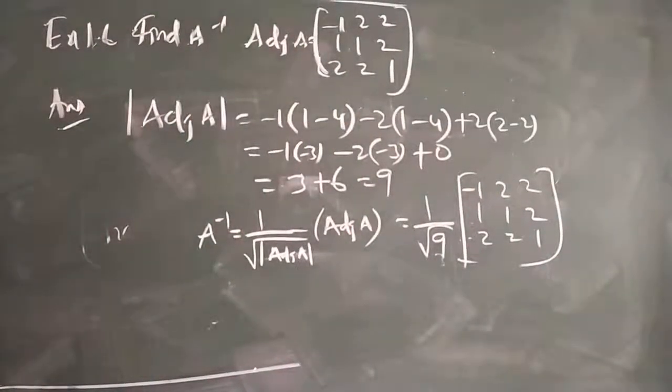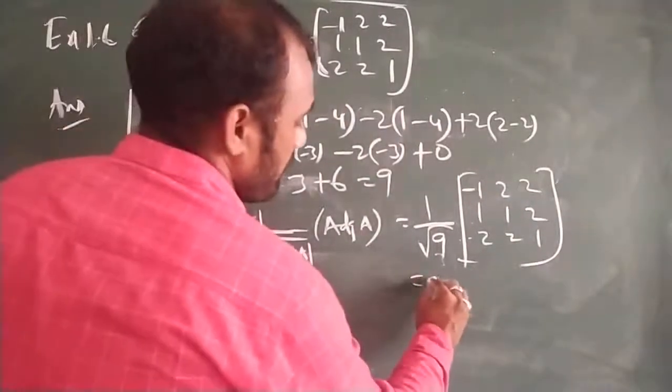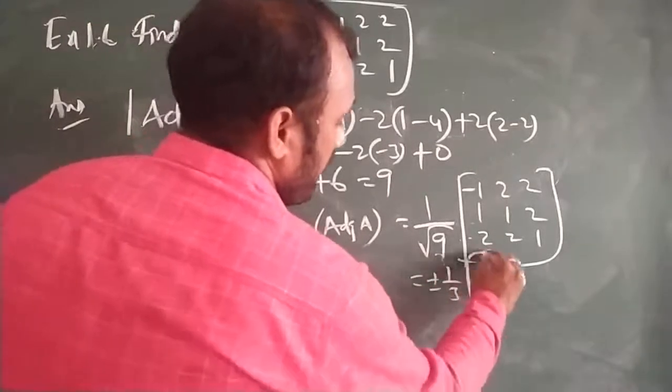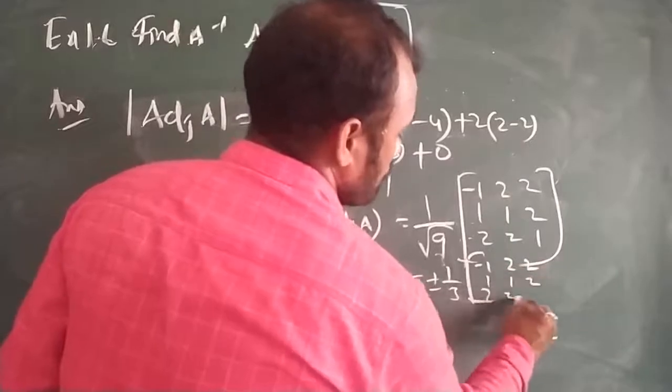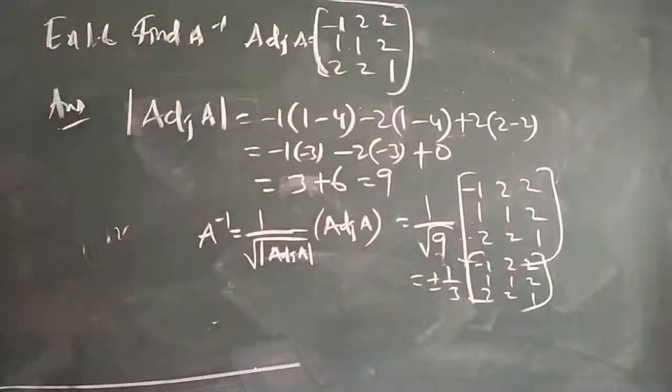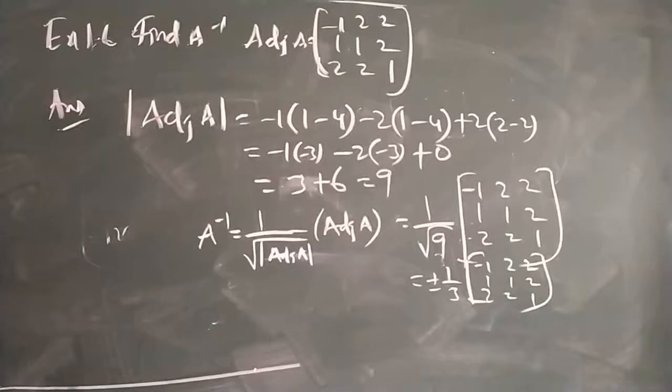Root 9 has a value, so we can write it as plus or minus 1 by 3, and the same matrix -1, 2, 2, 1, 1, 2, 2, 2, 1. So this is the way to find A inverse when the adjoint matrix is given.